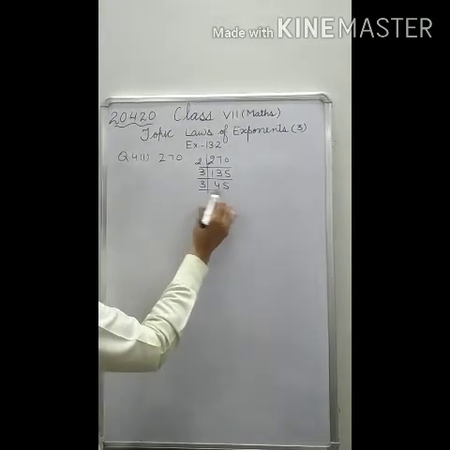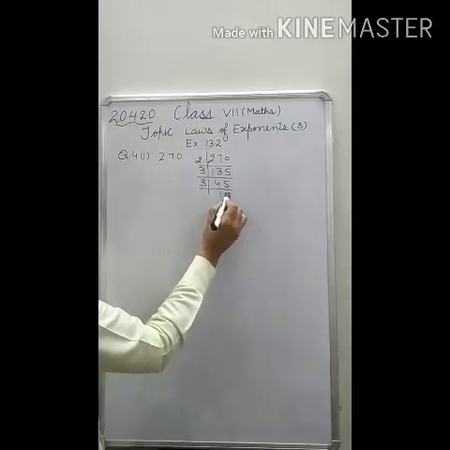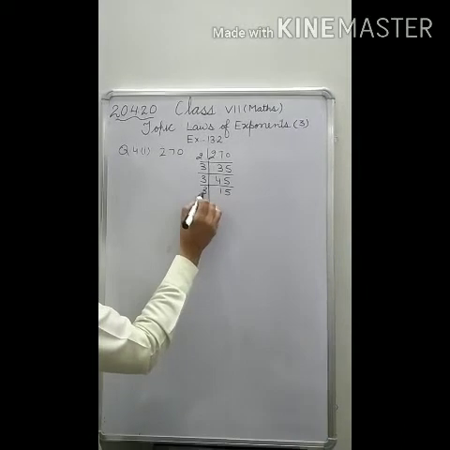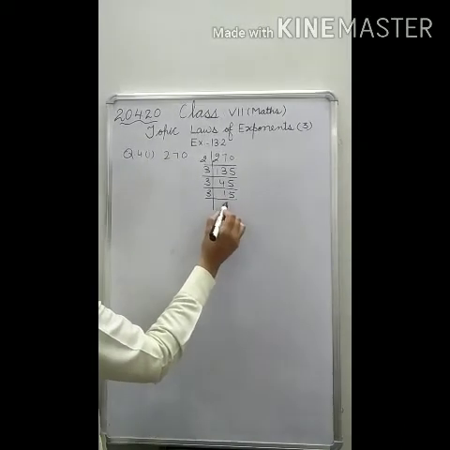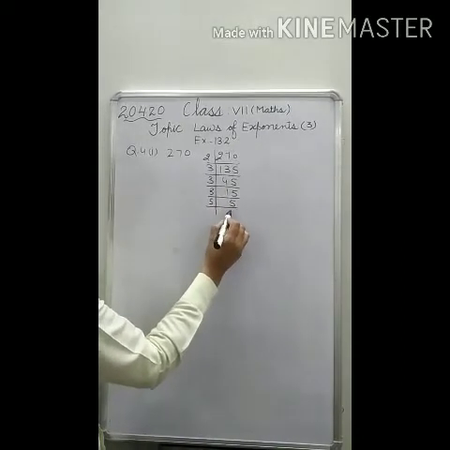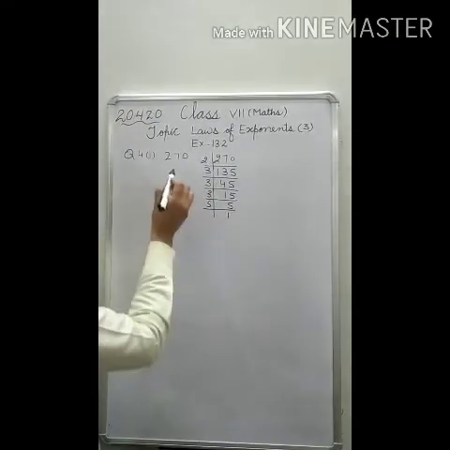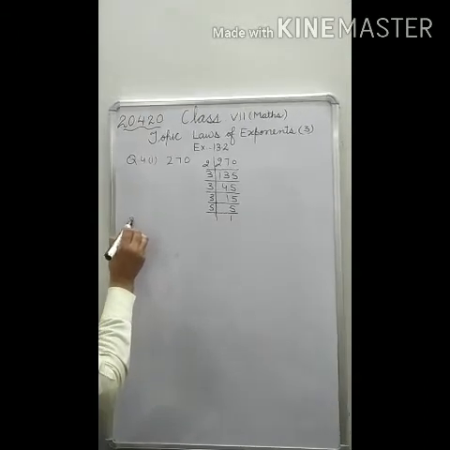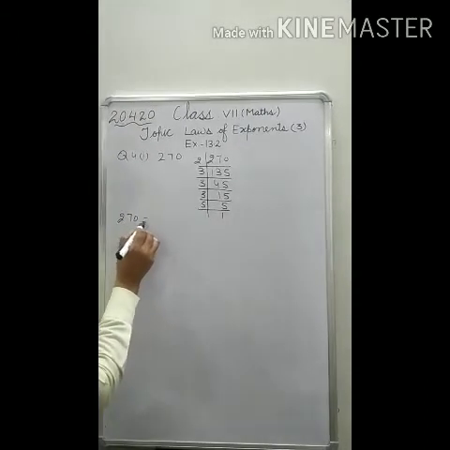Now this number will also be divisible by 3. 3 fifteens are 45. Again this number is divisible by 3. So 3 fives are 15. Then divide it by 5. You will get 1.